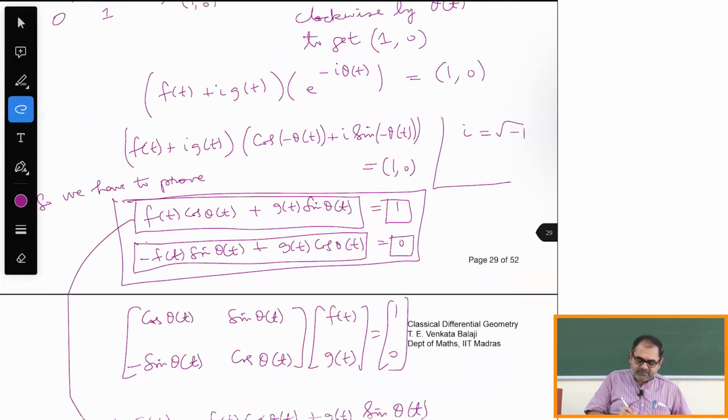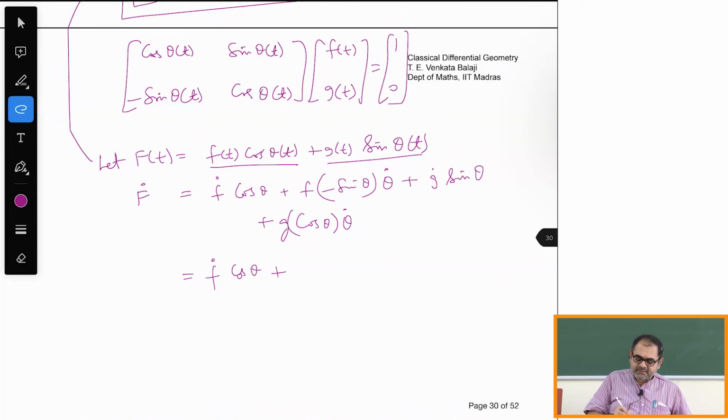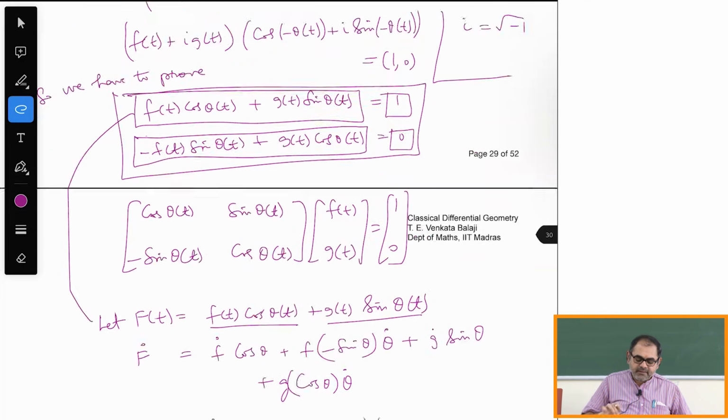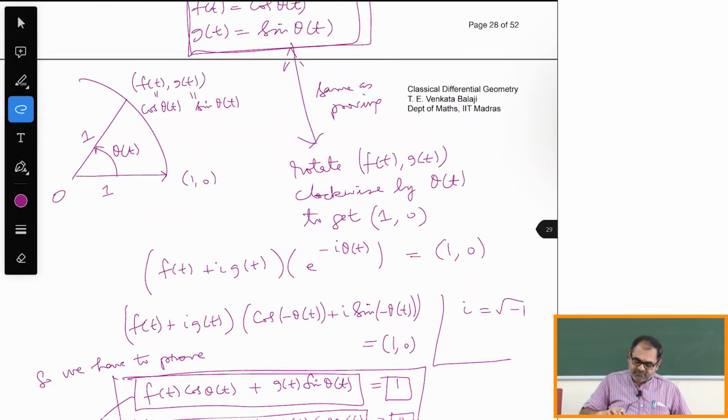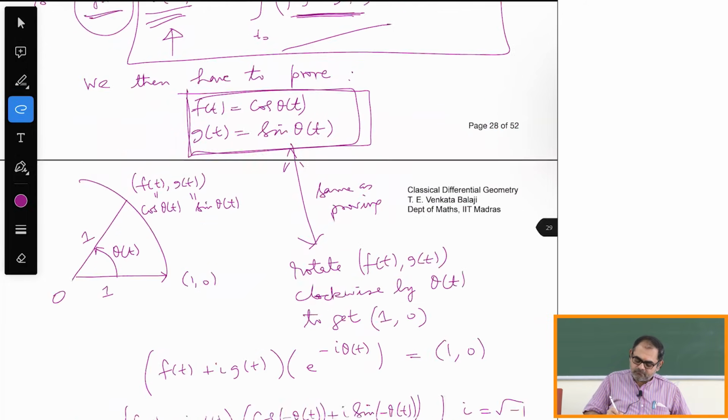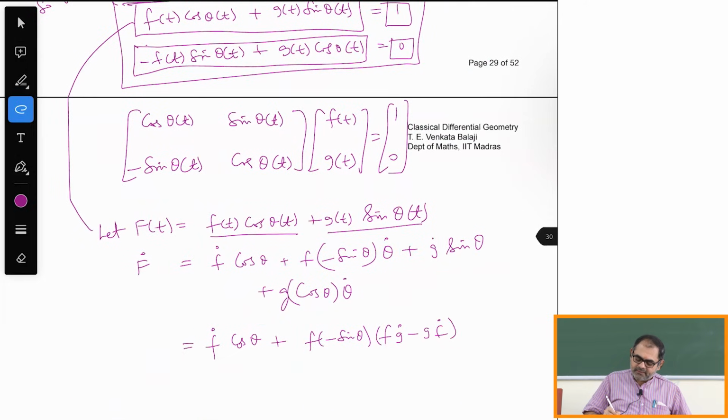So I'll get f dot cos θ, plus f into minus sin θ into θ dot, which was f g dot minus g f dot, and then this θ dot I have replaced, plus I will get g dot sin θ, and then plus g cos θ, and again θ dot will be f g dot minus g f dot.